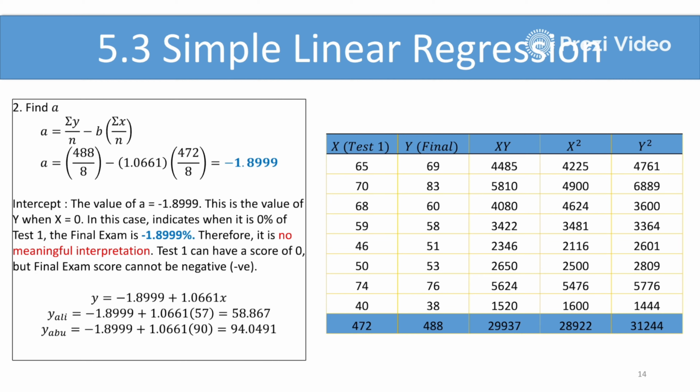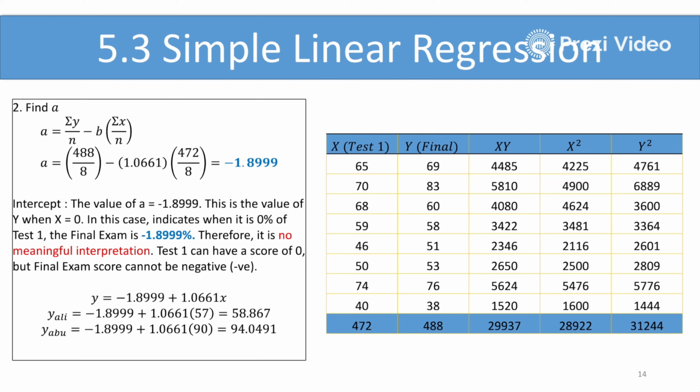Okay. So dekat sini bila kita dah dapat B, dah dapat A, kita boleh set up lah kita punya general equation. This one negative 1.8999 ni kan kita ambil balik, gantikan nilai A plus, okay, kalau 1.0661 ni dapat tempat untuk nilai B. So this is the general equation.